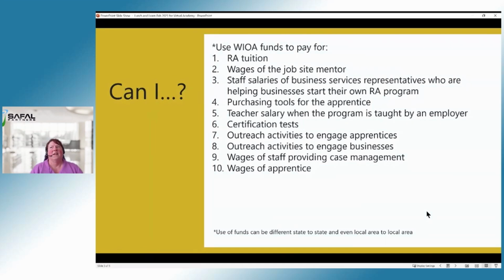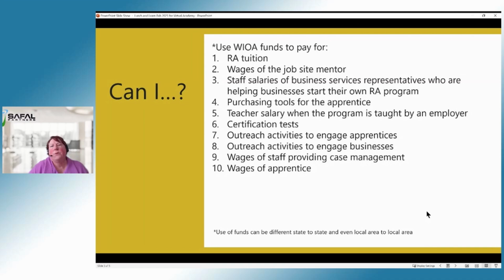And you're asking me how? So, yes, you can pay for these according to the federal requirements of WIOA. Again, your state or your local board may have different restrictions, so you always have to go back to them. But going back to them and having these conversations is very important for you to help expand registered apprenticeship.